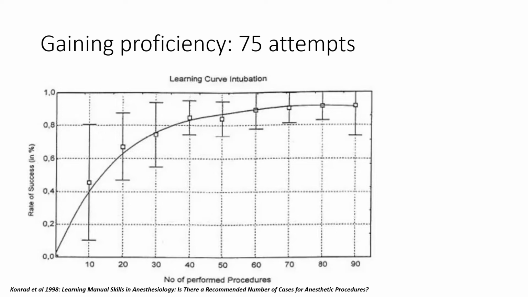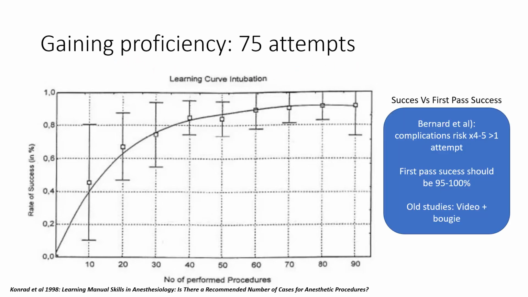And it also depends on what we rate as proficiency. Is it first pass success? Because then I think this would be a bit higher, but maybe not in the age of video laryngoscopy and hyperangulated blades. Maybe not. So it's hard to say, but we need to know that we need a certain amount to gain the proficiency to do this.